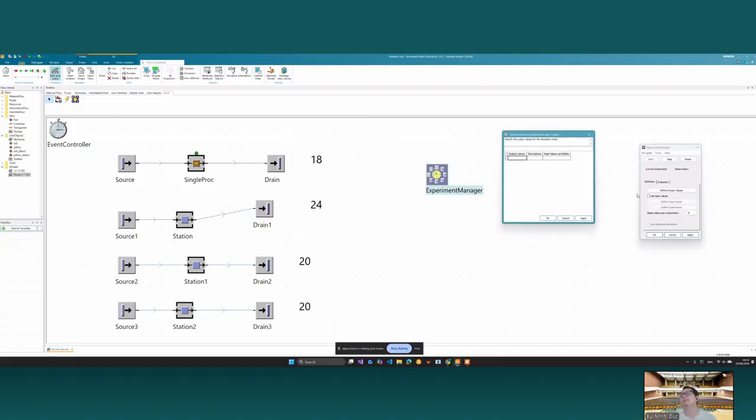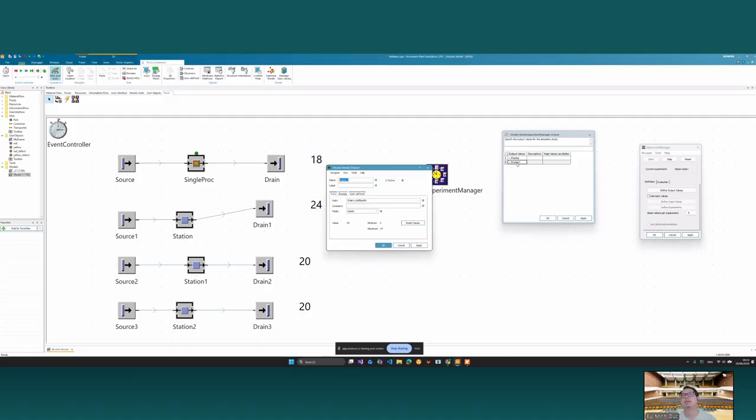Okay, when you click on define output value, this is the value that you want to observe. Here I can drag and drop the value that I want to see.